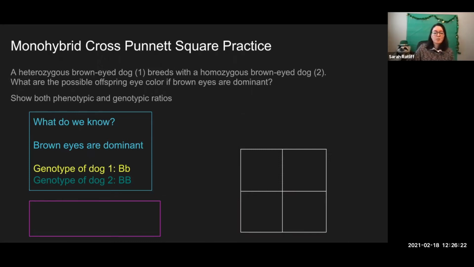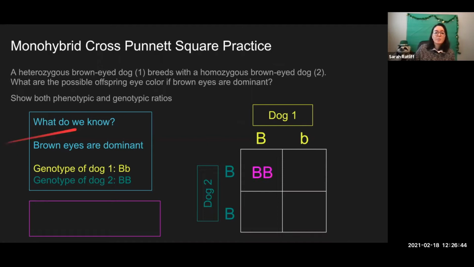Doesn't matter which one goes where. I just arbitrarily chose dog 1 to go on the top, dog 2 to go on the side. One allele per column for dog 1, one allele per row for dog 2. That was the hardest part. Now we just match them up.